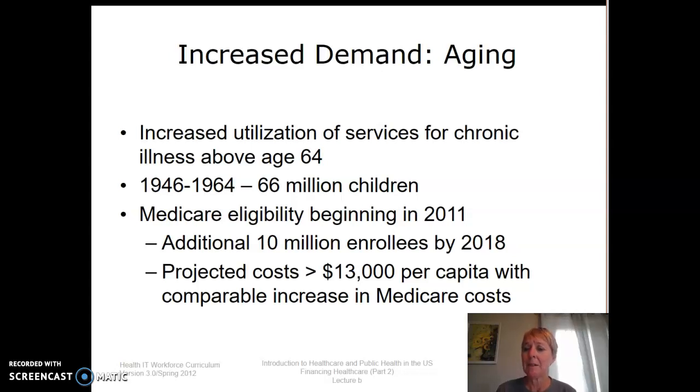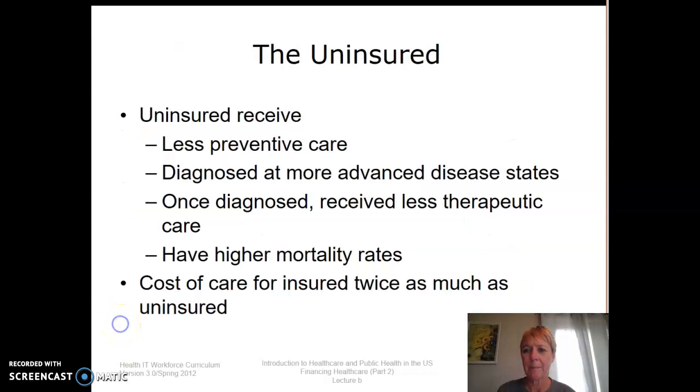In Medicare, from 2011 to 2018, we had an additional 10 million enrollees. Why? The baby boomers came of age during this time period. The projected cost for Medicare is $13,000 per capita, with a comparable increase in Medicare cost.